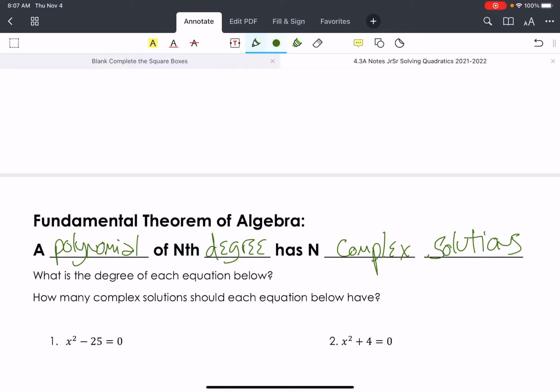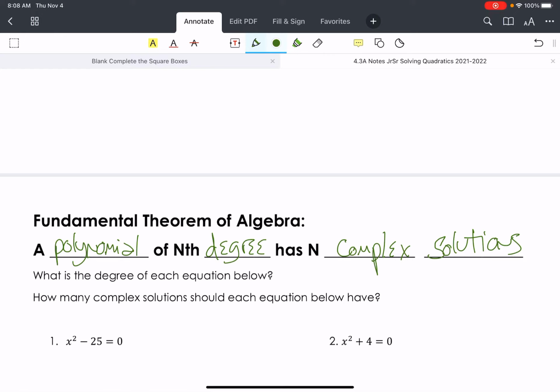Everything we've dealt with in this unit is what degree? Degree, highest exponent. You can look at the examples on the last page or this page. It's 2. They're all quadratics, right?